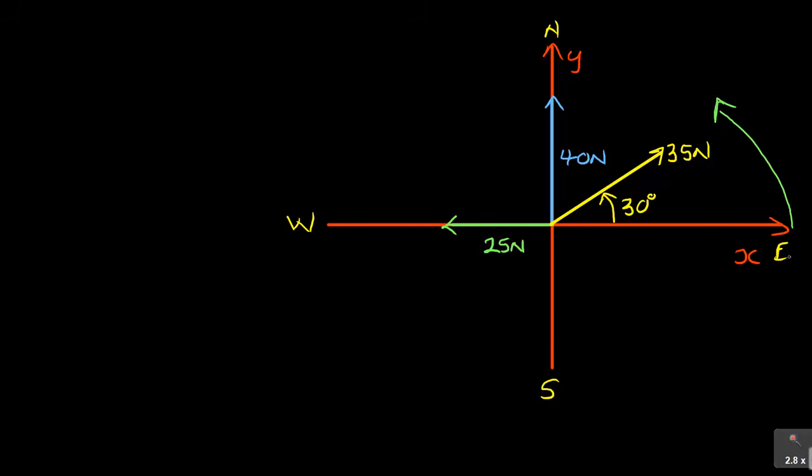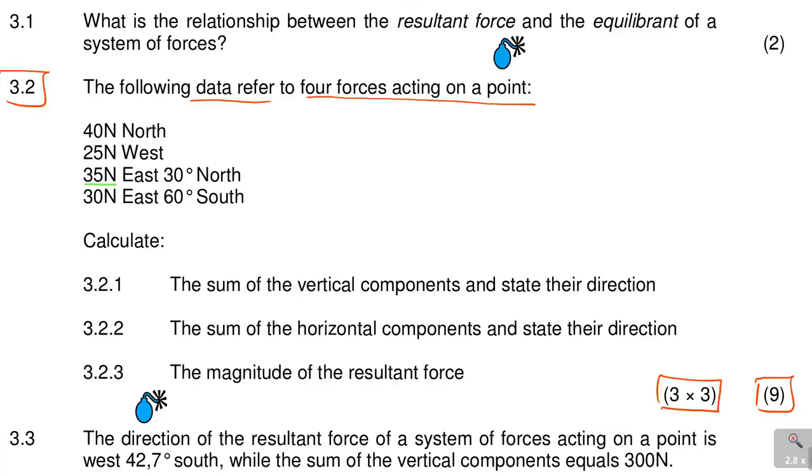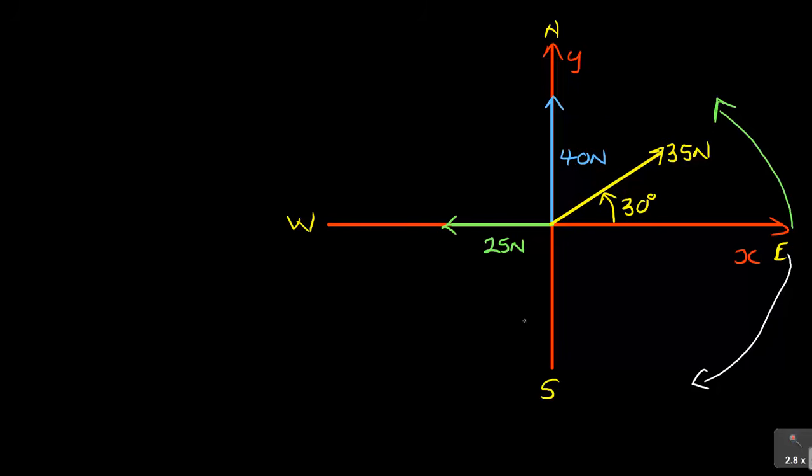From east to south, this is the direction, because if you look at it, it says east to south, and it's 60 degrees. The size is 30 newtons, the angle is 60 degrees. So you come here and you draw that force to say, here we have an angle. I actually want the white one.